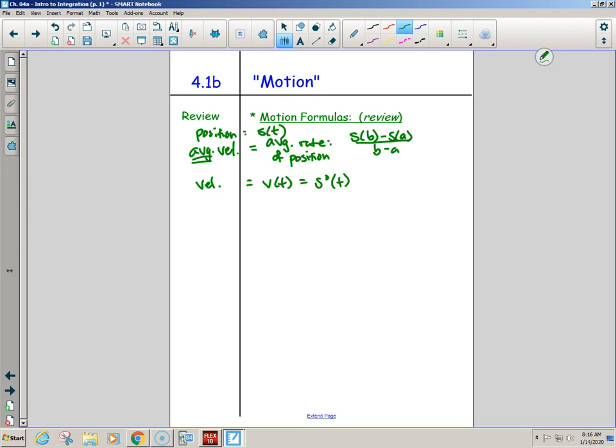What else do we know? Position, average velocity, velocity, instantaneous. Speed. Yeah, he's still in here with rate of change of position, but he's the one where the sign does not matter. I'm not sure if we wrote it in our forever card, I don't think we did, but it's the magnitude of velocity.